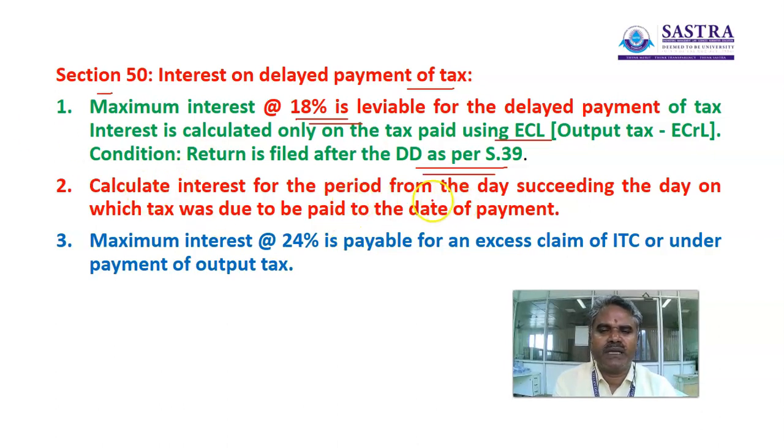Calculate interest for the period from the date succeeding the date on which tax was due to be paid until the date of payment. Take for example, the due date of tax is 30th September, but the date of payment is 31st December.